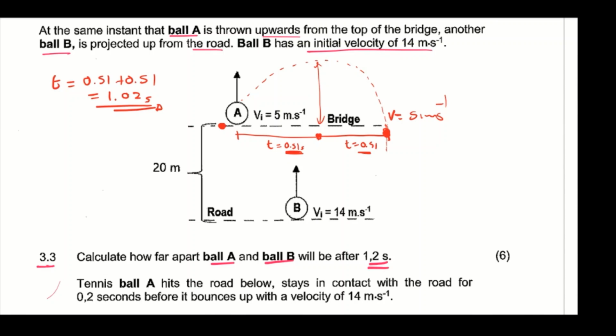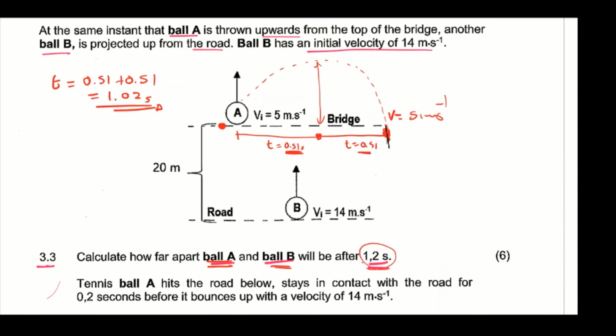The reason I'm showing you is that we are told to calculate how far ball A and B are from each other after 1.2 seconds. This tells me that 1.2 seconds will be after this point, probably somewhere here. Ball A will probably reach, just to write it nicely, 1.2 seconds might be somewhere here.